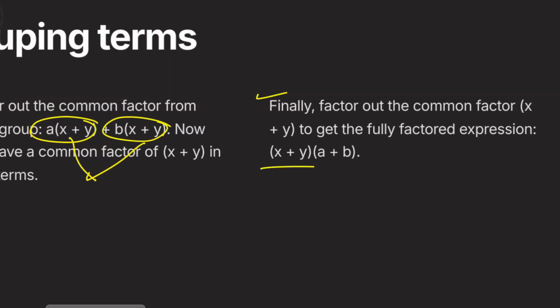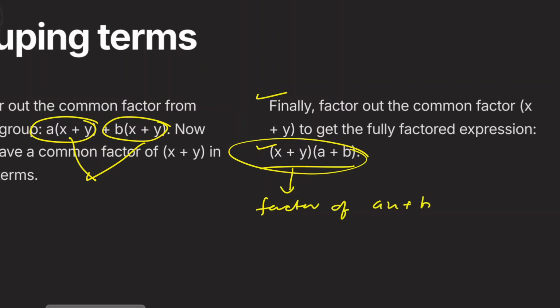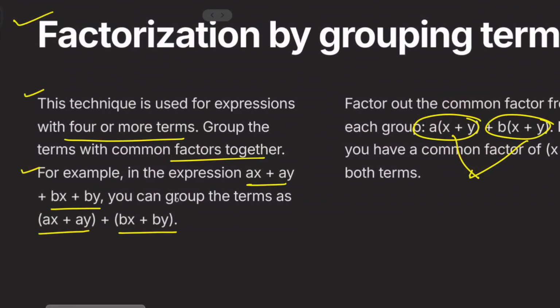So we have (x plus y) as a common factor and (a plus b) left inside. This is our answer, and it is the factorization of ax plus ay plus bx plus by. Yes, it is correct.